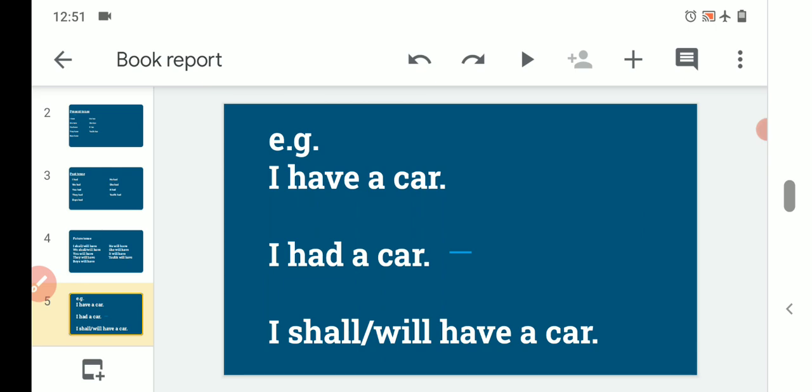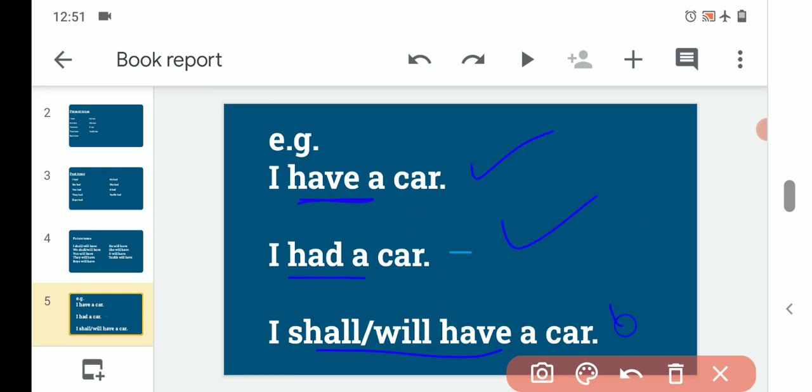Remember, if the to have verb is used as the only verb in the sentence, the tense is simple present, simple past and simple future. And if it is used along with another verb, an action verb, the sentences are present perfect, past perfect or future perfect.